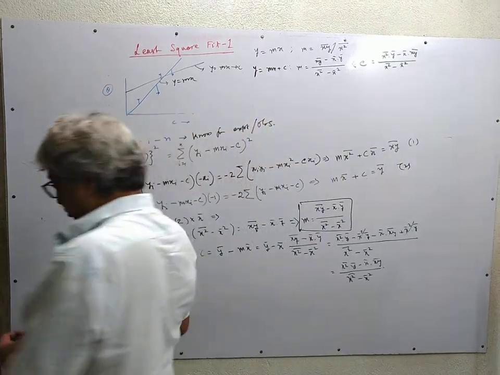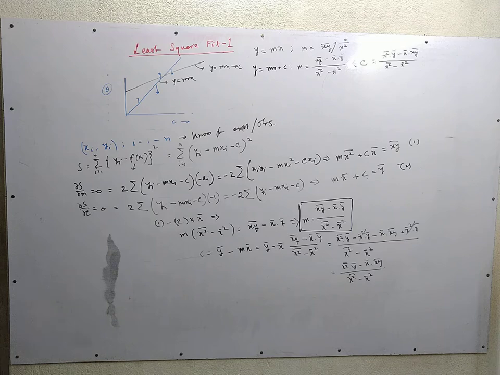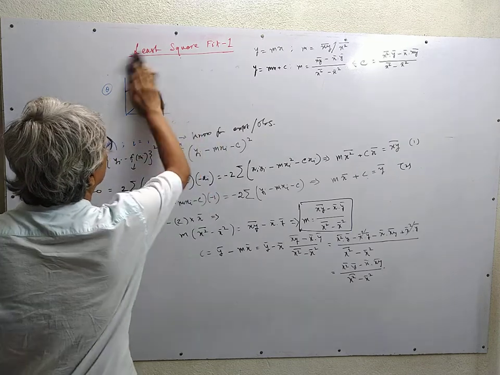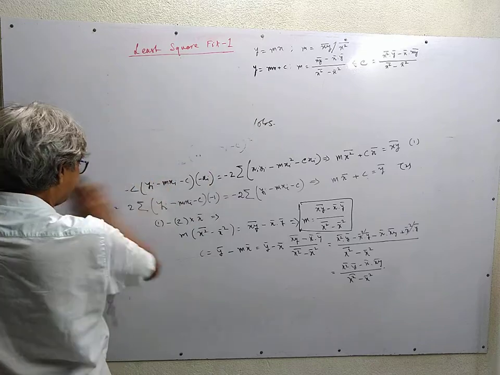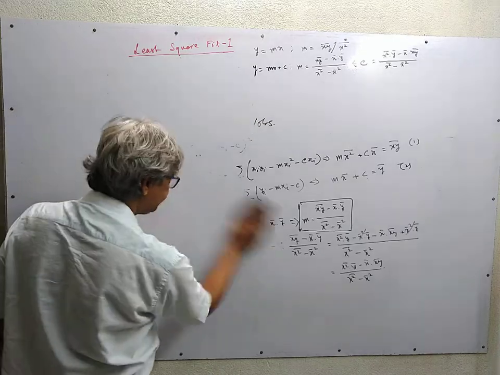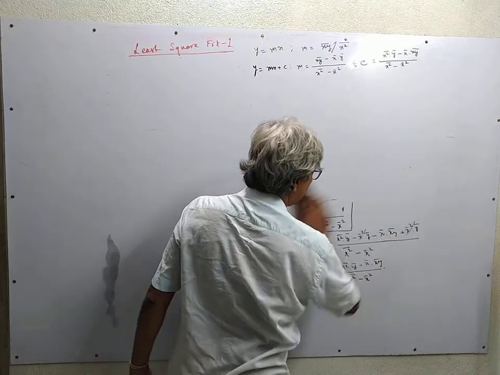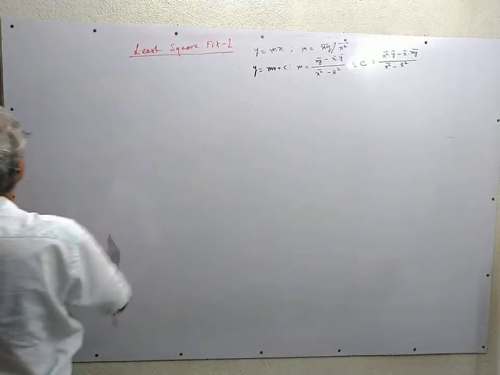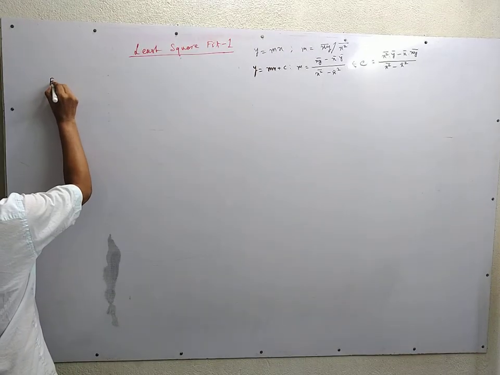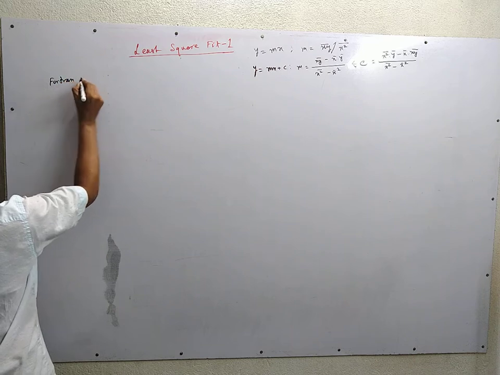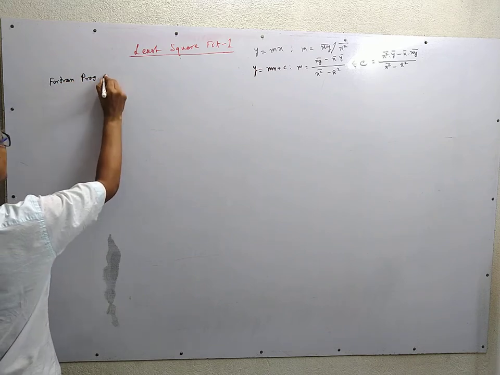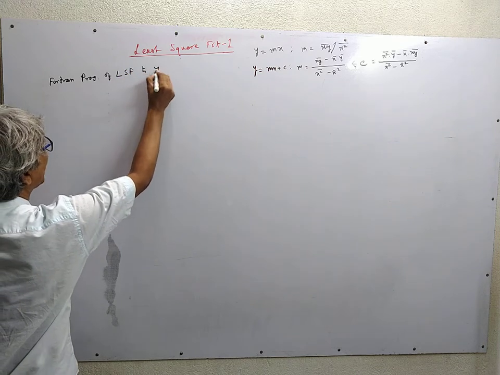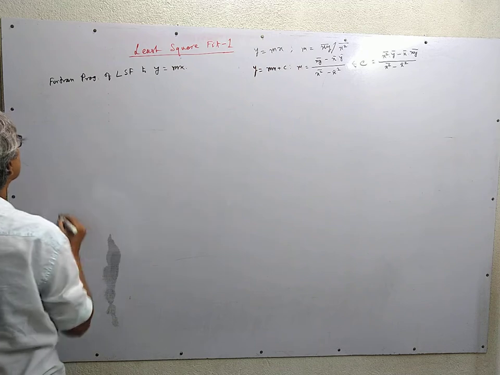So now I come to the Fortran program. The corresponding Fortran program for least square fit to y is equal to mx.